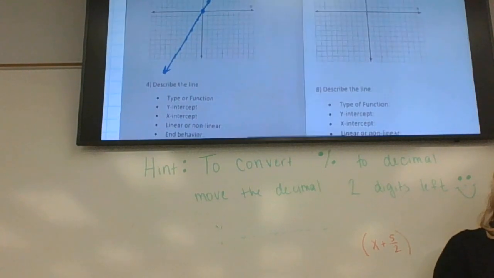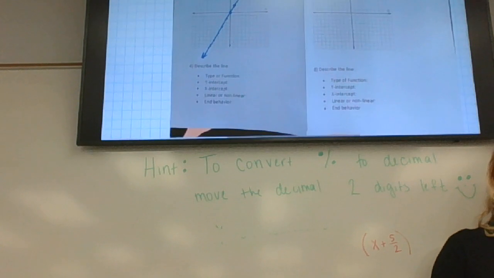Would you rather 1, 2, 3, 4, and 5 be on the inside or the outside? You're behind.